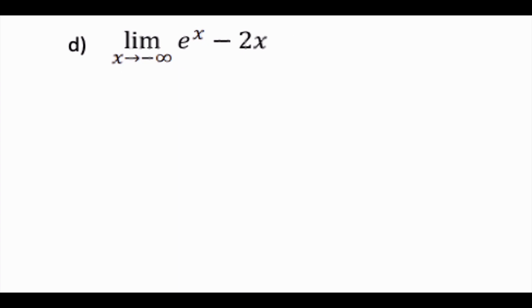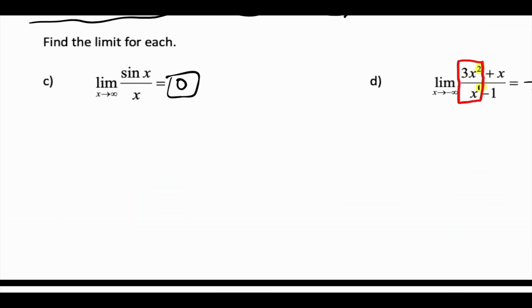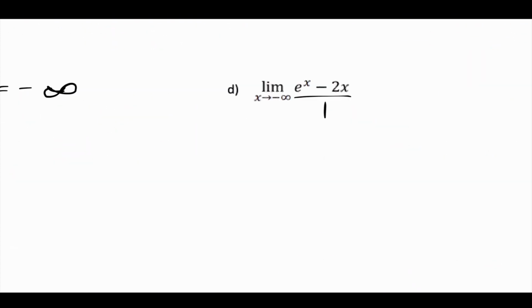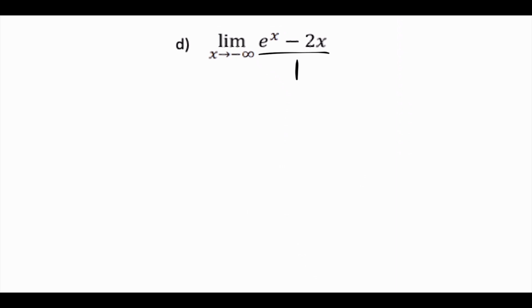If there is no denominator, it's going to be top heavy, because we have a constant on the bottom and we have E to the X. So by definition, no horizontal asymptote. There's going to be no horizontal asymptote, and my limit is either going to be positive infinity or negative infinity, right? Okay, so let's go back down here. So no horizontal asymptote.